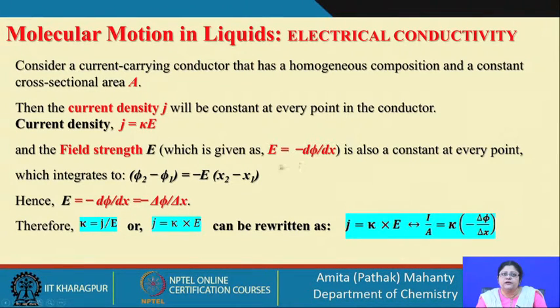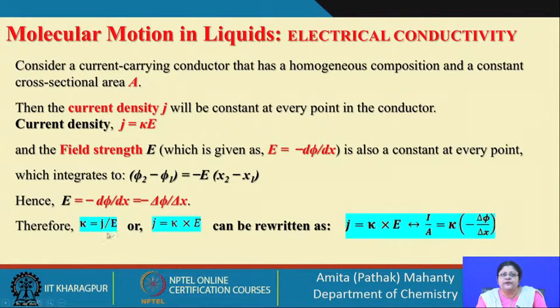If it is a constant, then we can integrate this to get the difference in phi between 2 points equal to the electric field strength E into the distance across which it is flowing. So, in other words, we can write this expression in terms of finite changes in the phi value and finite movement in the distance dx.